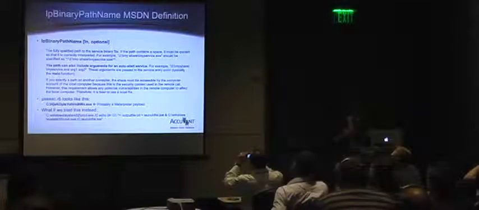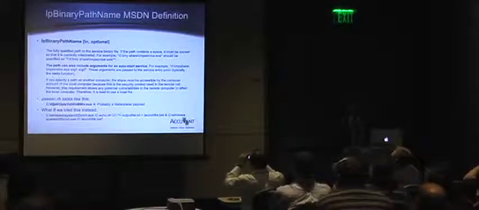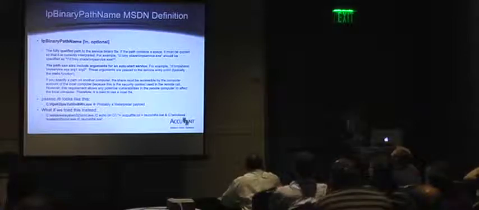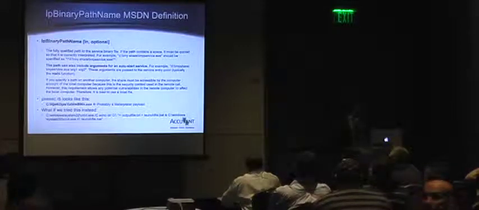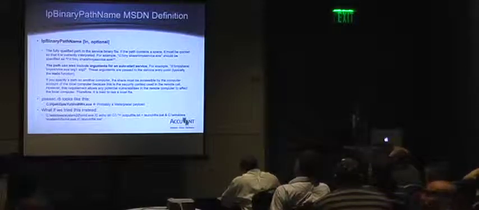If we dig a little bit deeper, we get the information about what this variable is. It is nothing more than the fully qualified path to the binary on the remote system that the create service function is going to spawn its service off of. And we can even see that we can send arguments to this service. So we could potentially extend the functionality that Psexec isn't even doing right now. We could even target an executable on a remote system, if we see it in the third paragraph.